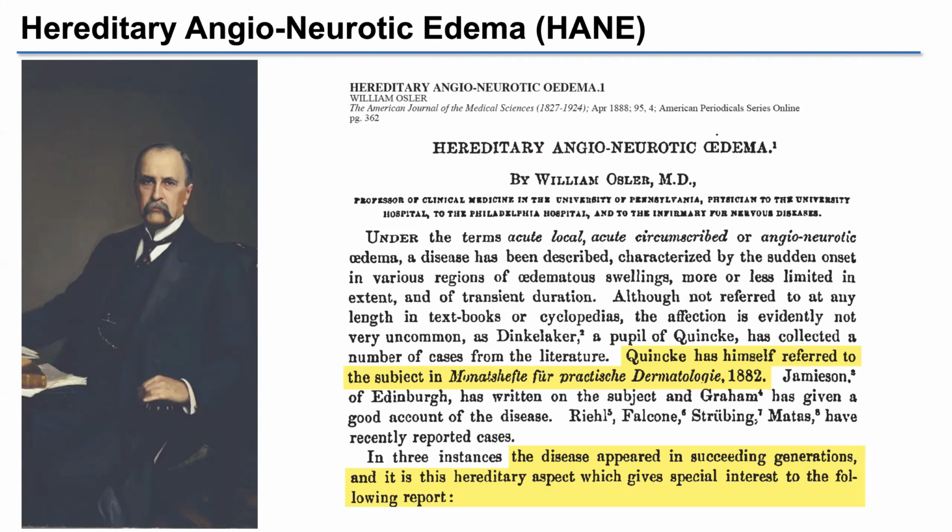It took about 75 years before we changed the name, but in the early to mid 1960s, people started referring to this as HAE, or hereditary angioedema, when it became clear that it was not neurotic, that there was an underlying biochemical abnormality, and that was the deficiency of C1 inhibitor activity that was discovered in 1963 by Virginia Donaldson.